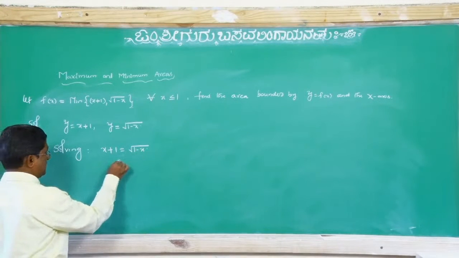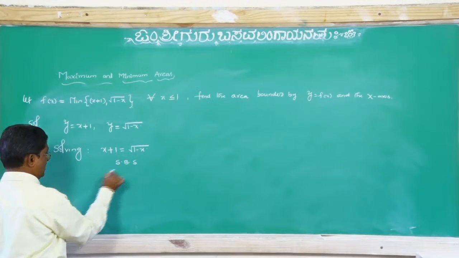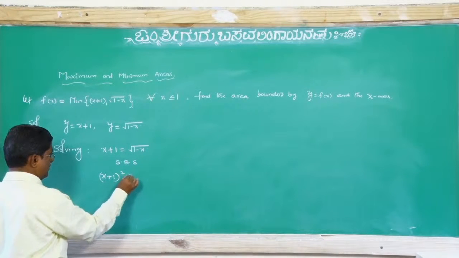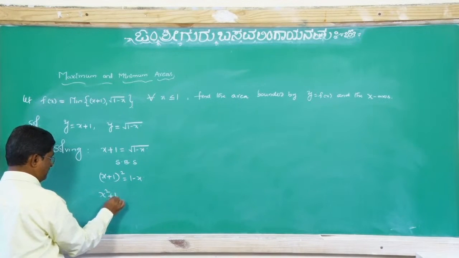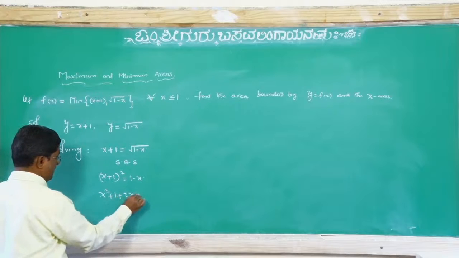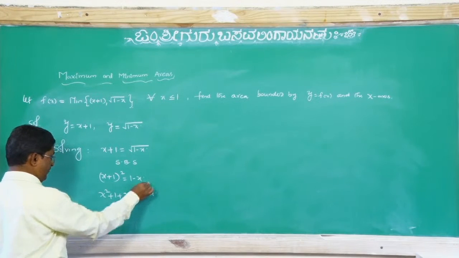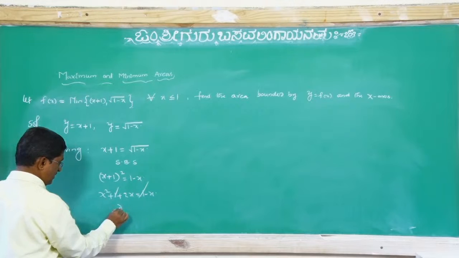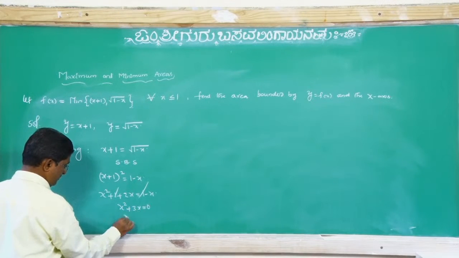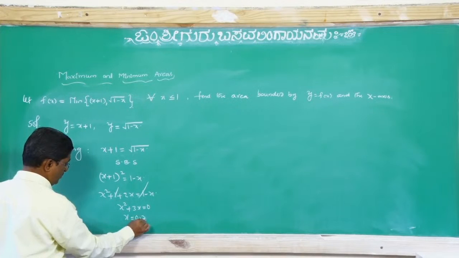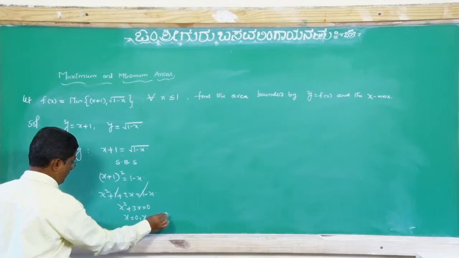Squaring on both sides, x plus 1 whole square equal to 1 minus x. X square plus 1 plus 2x is equal to 1 minus x. The 1s get cancelled, so x square plus 3x is equal to 0. X is equal to 0, x is equal to minus 3.